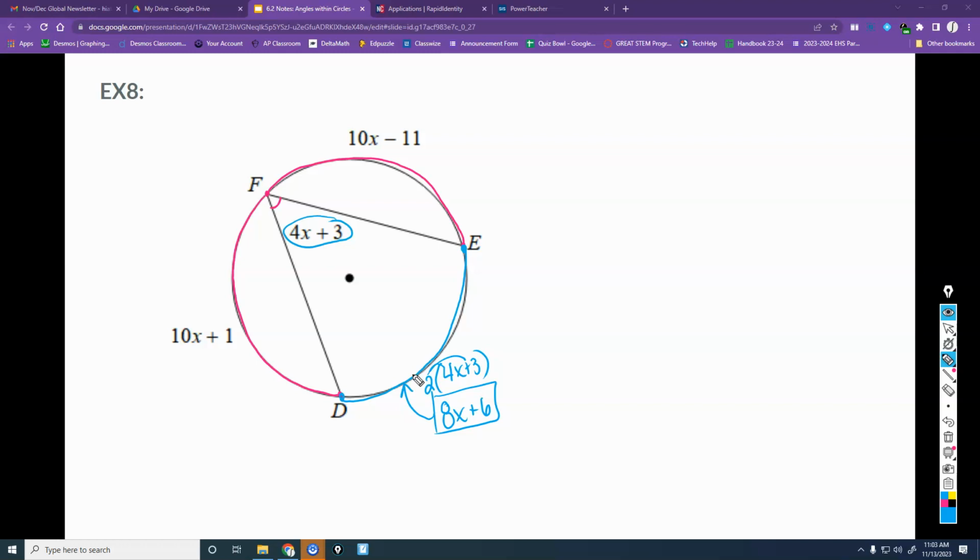So I know all 3 of my arcs have to add up to 360 degrees here. So what I can do for that is I can say 10x plus 1 plus 10x minus 11 plus this one we just found, 8x plus 6. All of those added together has to equal 360 degrees.